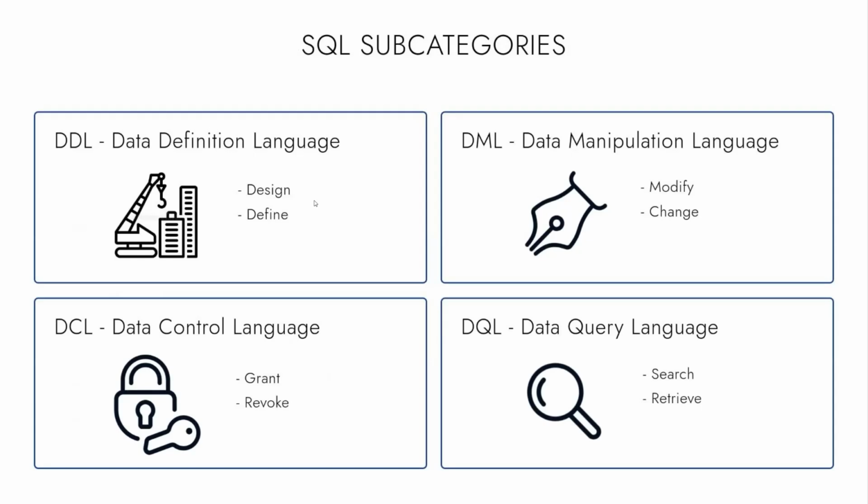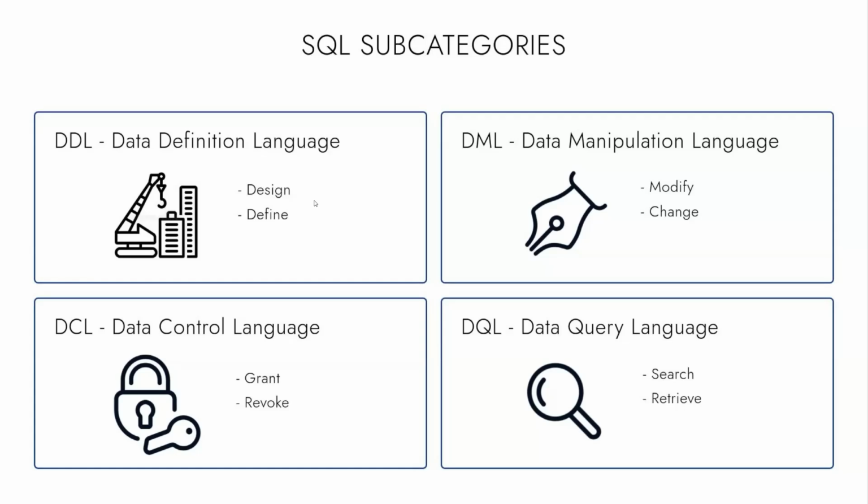DCL, data control language. This you may not get to work with a lot in your personal projects because you have the master control over everything. But when you get into a company, there's sensitive information pertaining only to your department, maybe your client, maybe certain people within your organization.